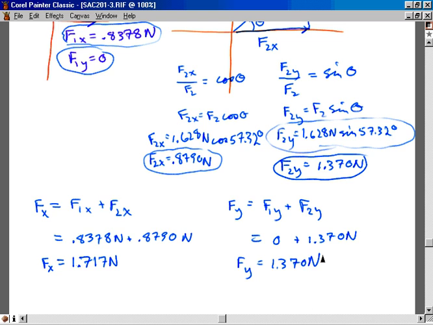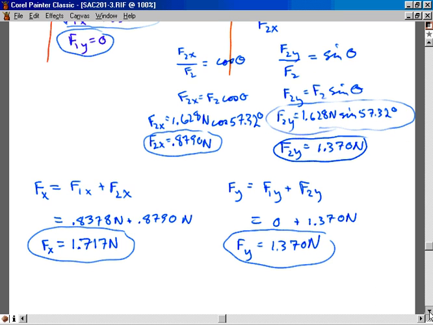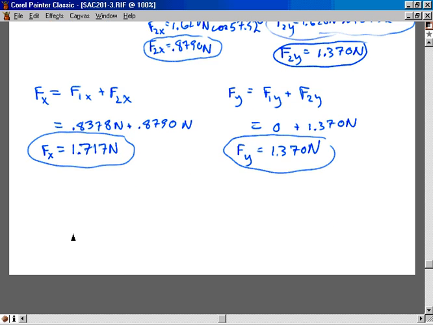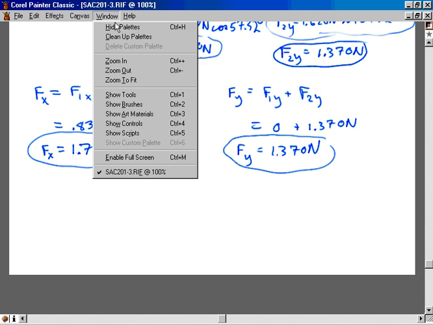Now we got to take the components of our answer vector and put them together to get the actual answer vector, that is, the force on particle number 3 exerted by a combination of the force of particle number 1 on it and a force of particle number 2 on it. So we'll draw a little vector component diagram to put it together.